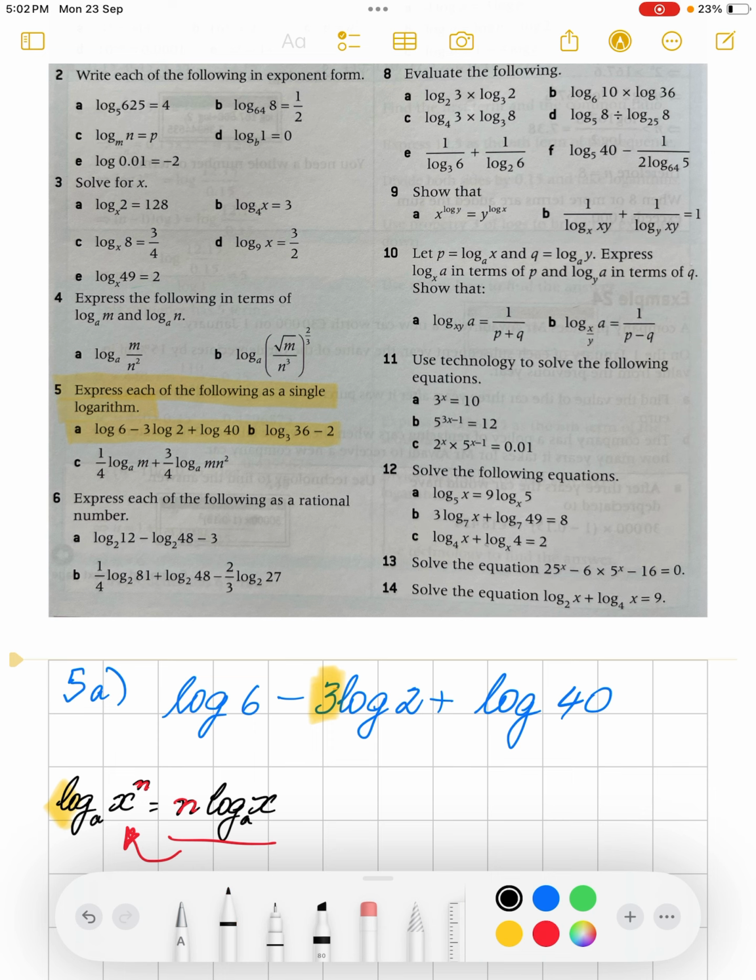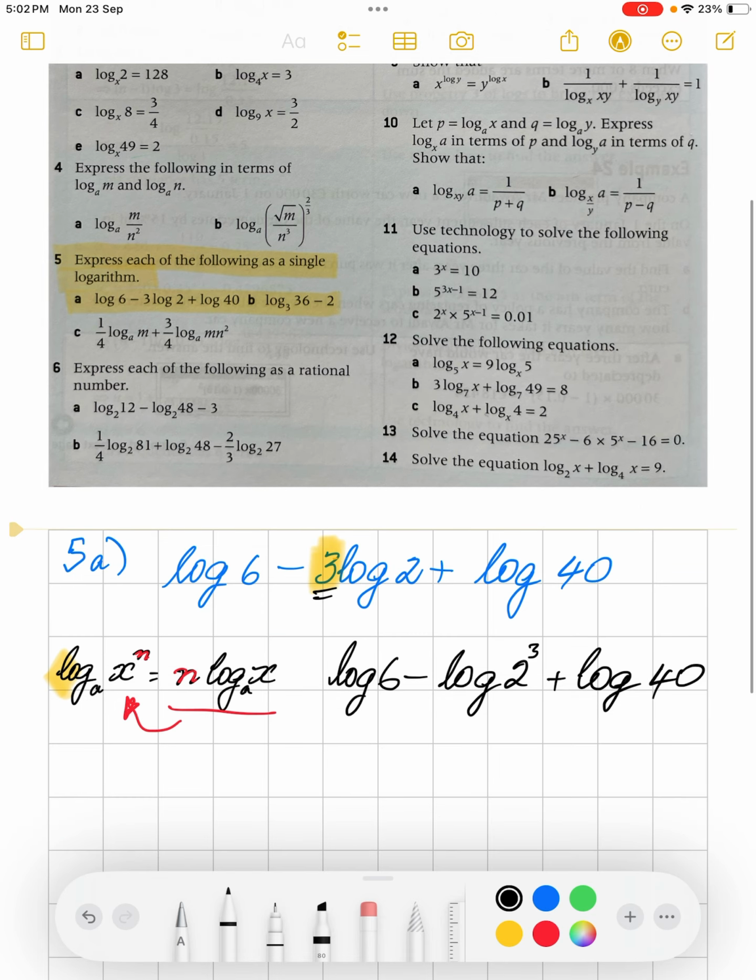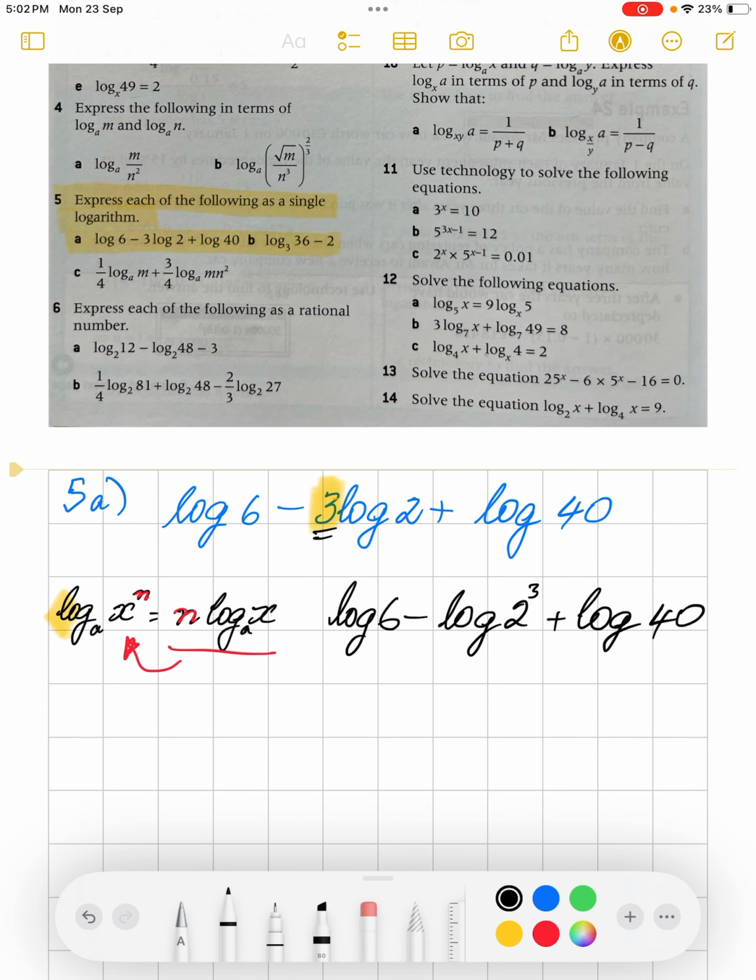Here we go. So we've got log 6 minus, take that 3 and place it here, and then we've got our next line. This was the property that we used.